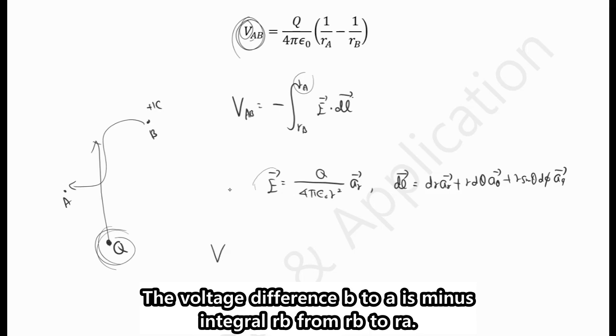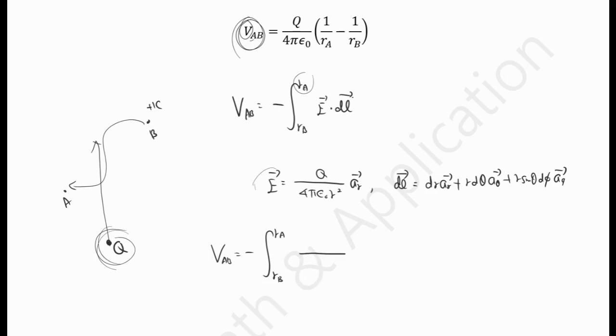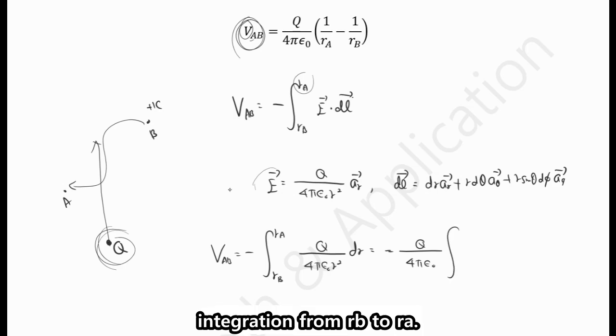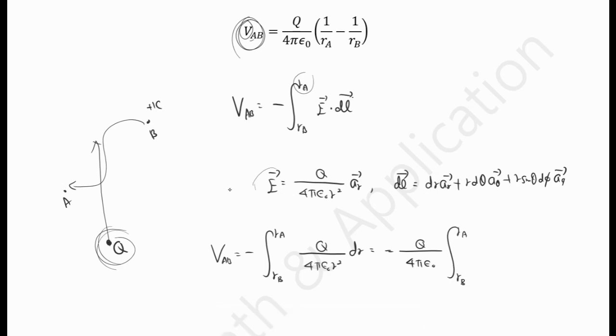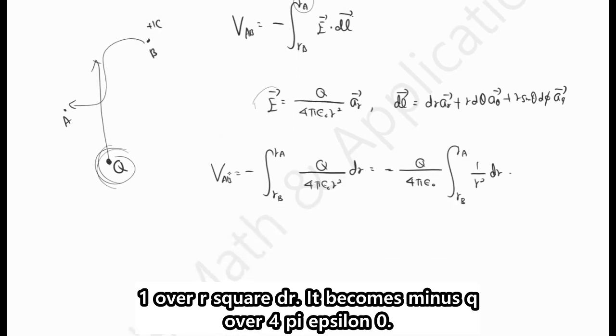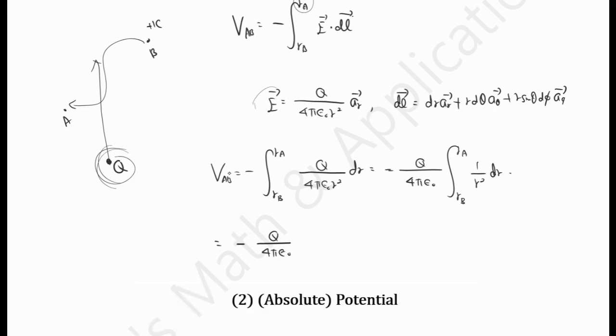The voltage difference B to A is minus the integral from RB to RA of Q over 4 pi epsilon 0 r squared dr. This is minus Q over 4 pi epsilon 0 times the integration from RB to RA of 1 over r squared dr. It becomes minus Q over 4 pi epsilon 0 times minus 1 over r, with r from RB to RA.